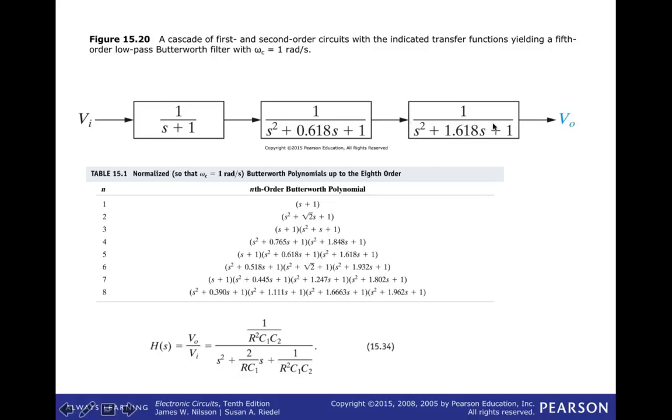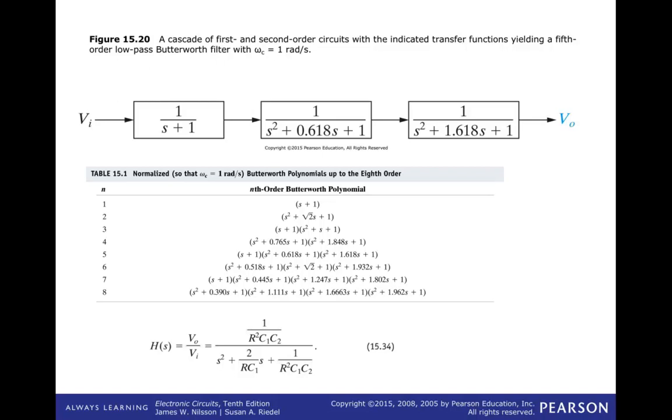So what's in this equation has to match what's in this equation. What's in this equation has to match what's in this equation, and that'll give you different values of C1 and C2.